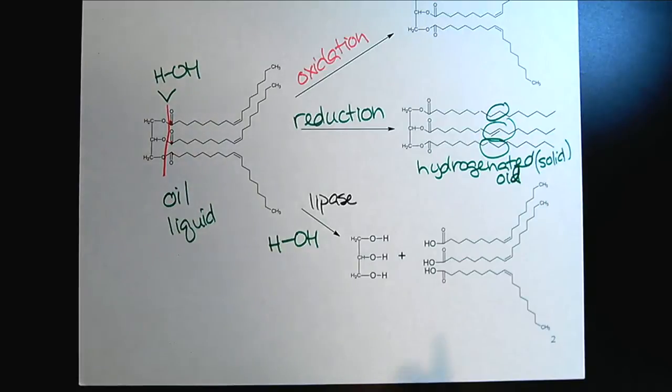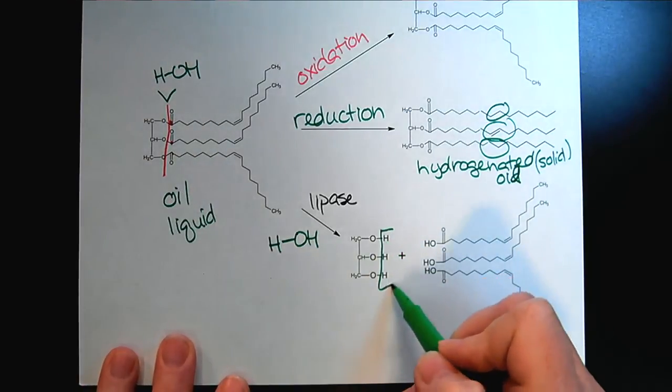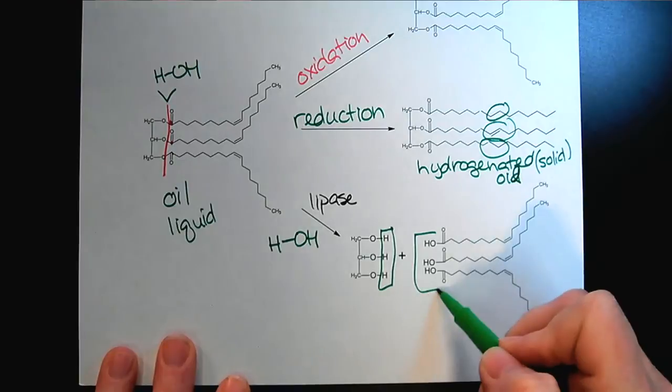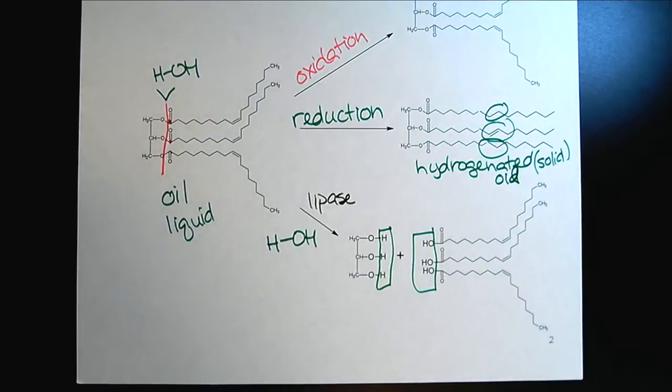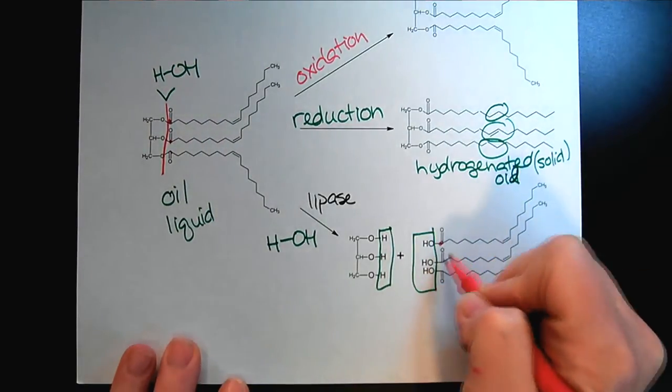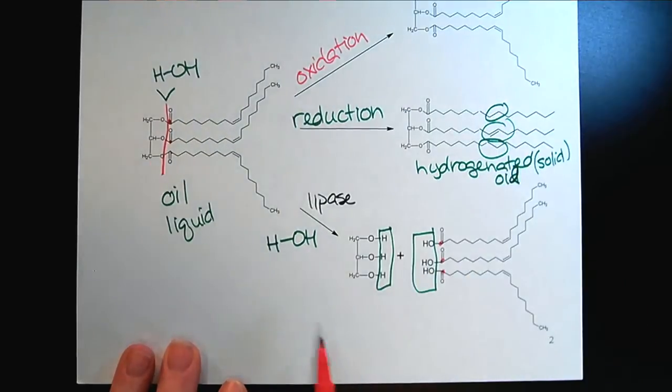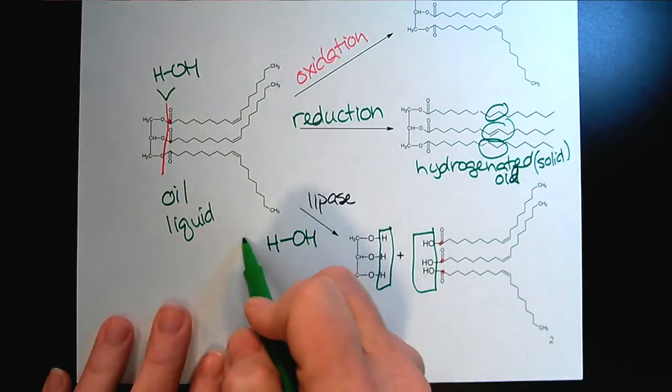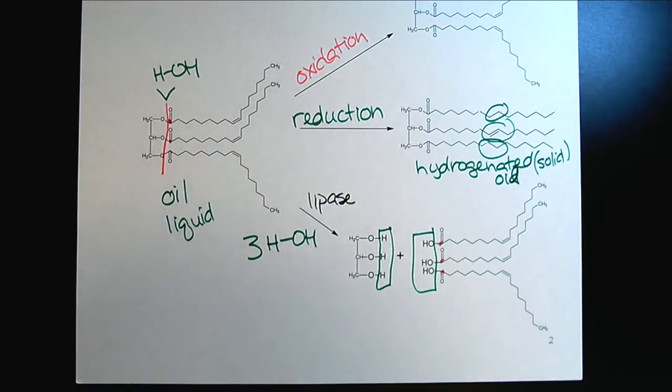And so then we can see that these hydrogens came from the water, and these hydroxyl groups came from the water. And so we have basically a simple ester hydrolysis. The only trick is that we need 3 water molecules because there are 3 ester groups.